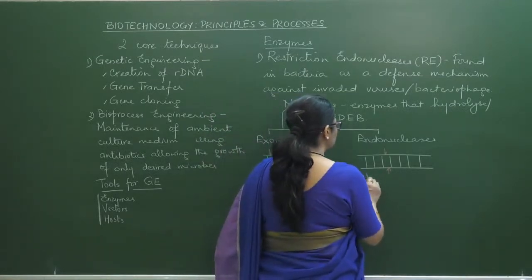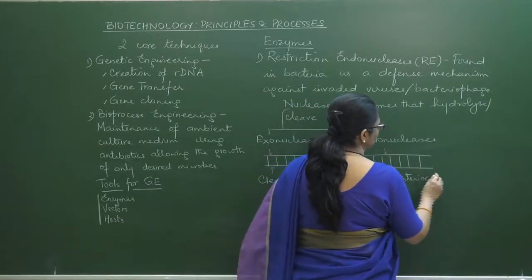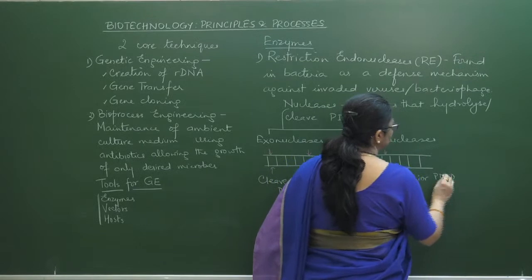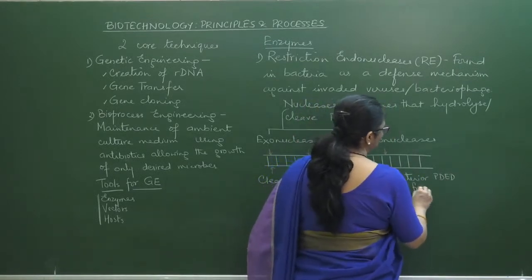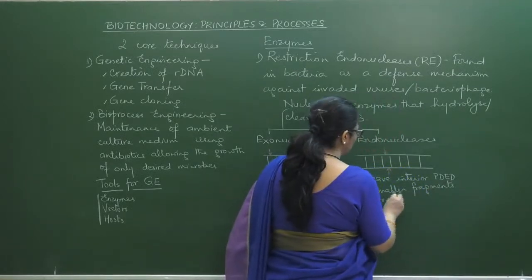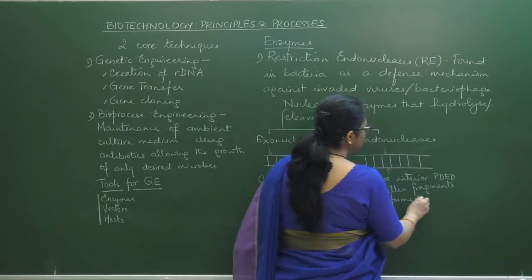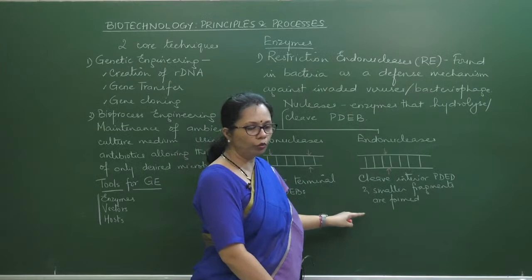So these cleave interior phosphodiester bonds, and smaller fragments from the large one are formed. Okay, so here you can see the restriction endonucleases, they belong to this group.